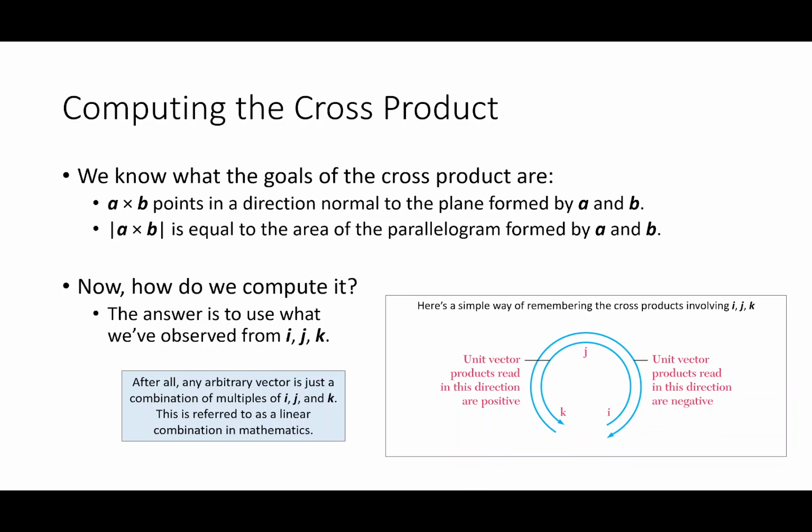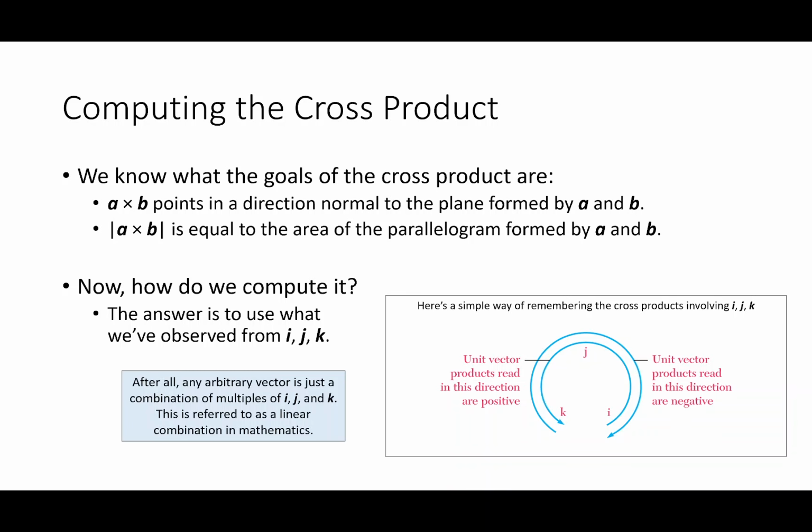What about I cross K? Negative J. Let's see, what about this one? Is it negative I? Positive. That's positive I. This one is negative I. This one is positive J. Does everybody see that?